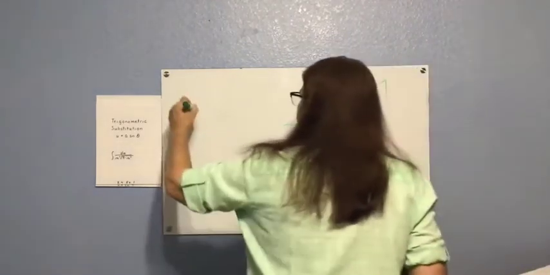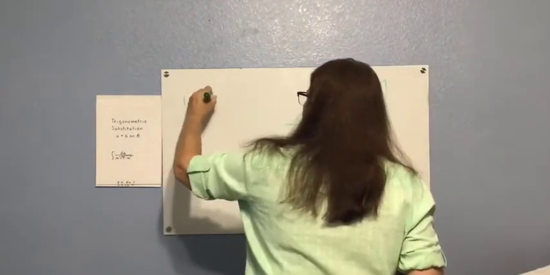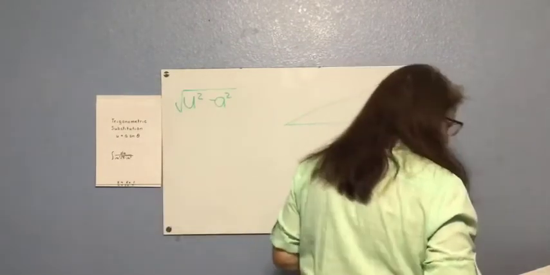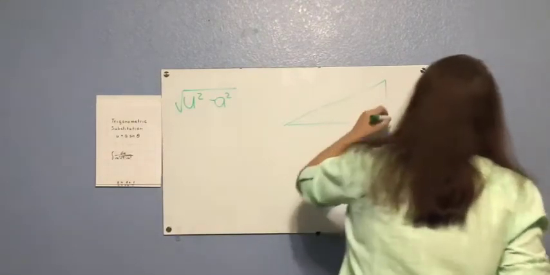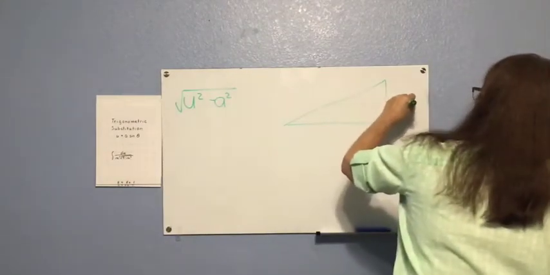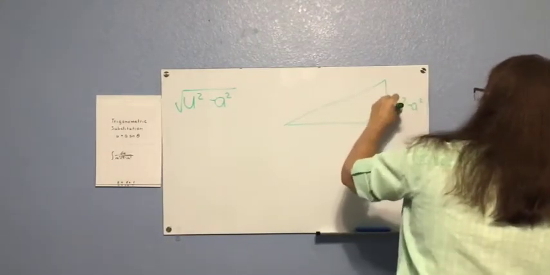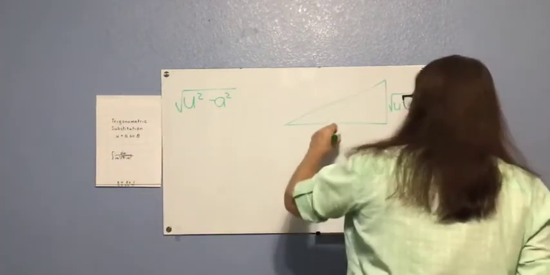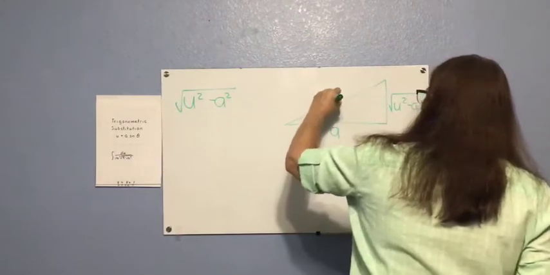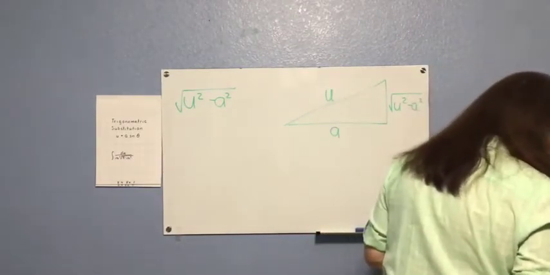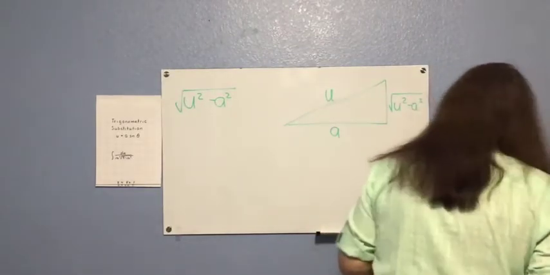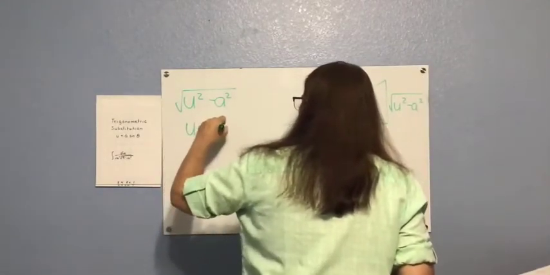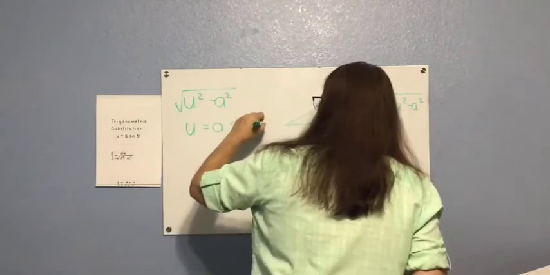And the last one, if I have a radical u squared minus a squared, I'll put that over here, which will put a here and u here. And u would equal a secant theta.